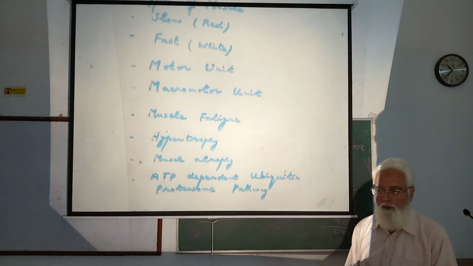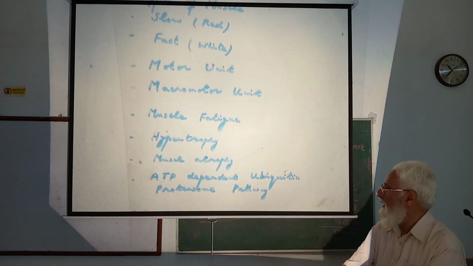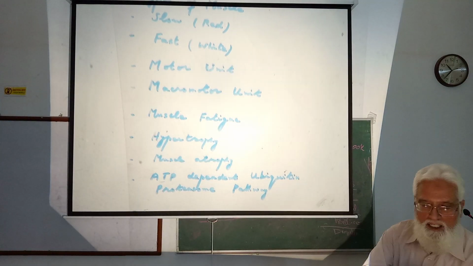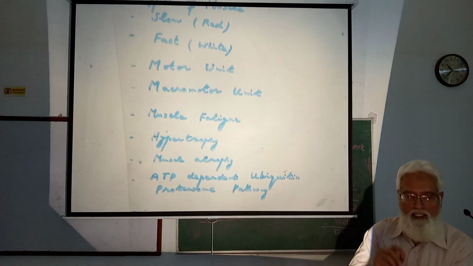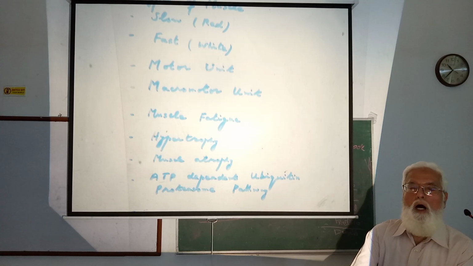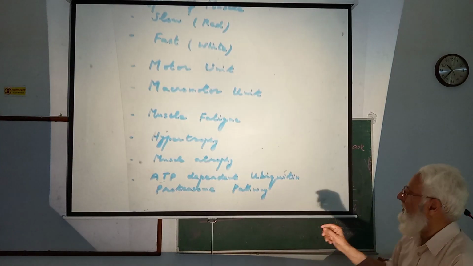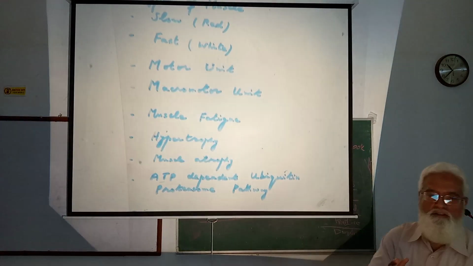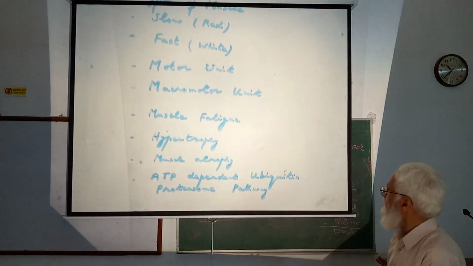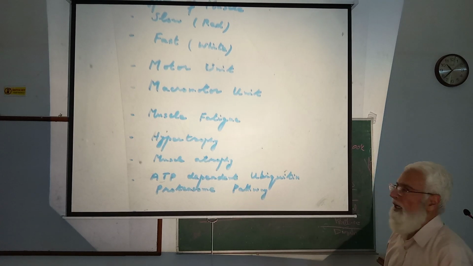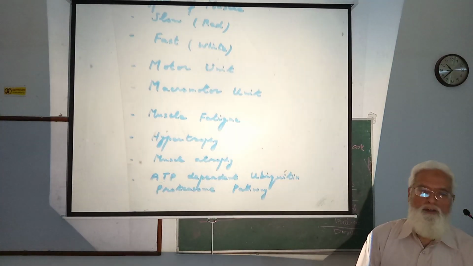Ubiquitin is a regulatory protein. It labels or identifies which proteins are to be removed. And then the proteasome system removes the unneeded and damaged proteins. So this was about muscle atrophy.